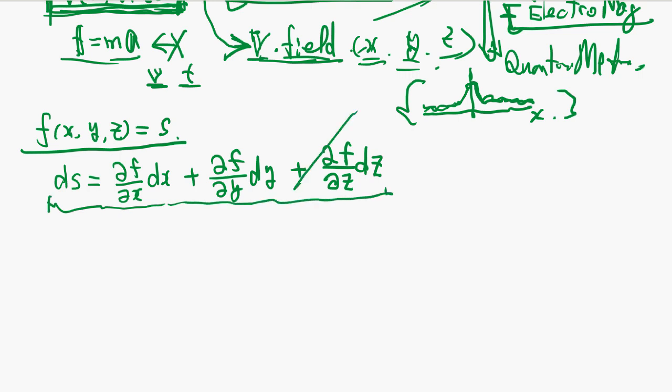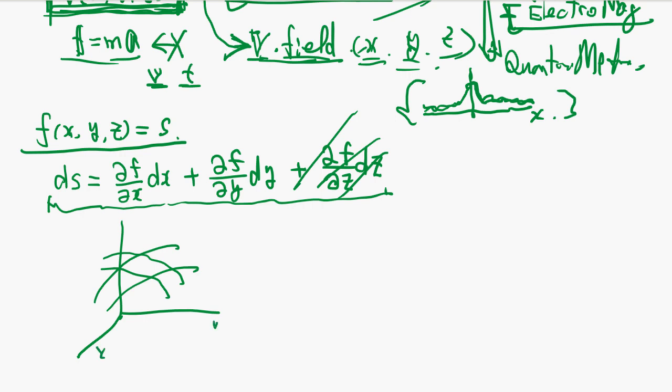So what's the meaning of this? Okay, let's deal with the two-dimensional case, right? Then you have S as a kind of curved plane, and you have x and y, and f of x and y, the curved plane. You have a dot here, and you define a plane touching this dot, and on this plane you define x direction and y direction, right?